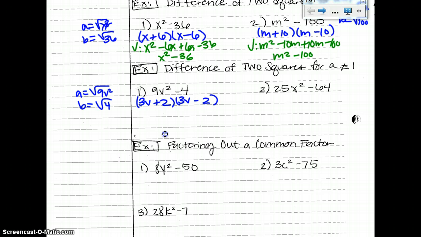Addition, subtraction, and let's check it. 9v squared minus 6v plus 6v minus 4. 9v squared minus 4. Wonderful. Okay, go ahead and do example 2 on your own and then check your answer up on the board with mine.